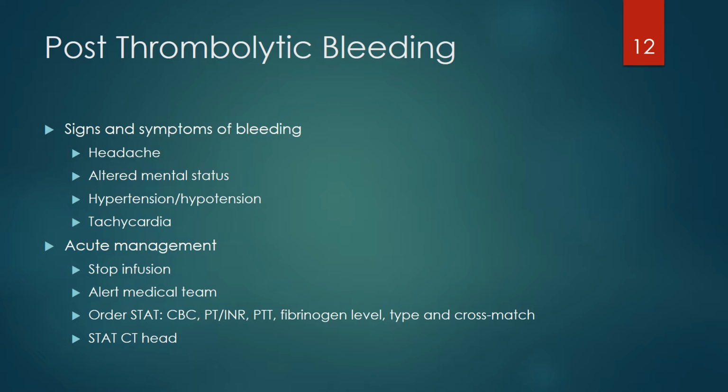As far as acute management, you want to stop the infusion if it's still running, maybe with alteplase. You want to alert the medical team, obviously. Labs to order would be a CBC, PT/INR, PTT, fibrinogen, and then you want to type and cross, get that ready, and then obviously a stat head CT.